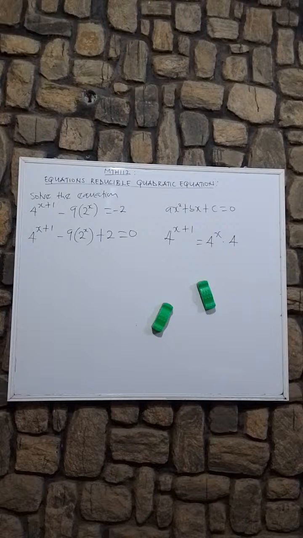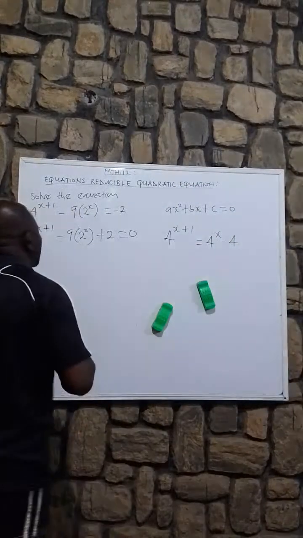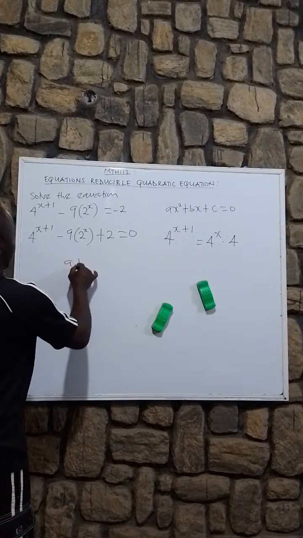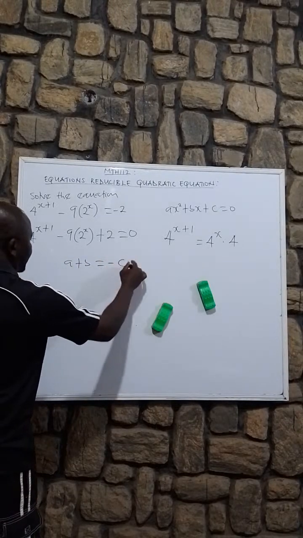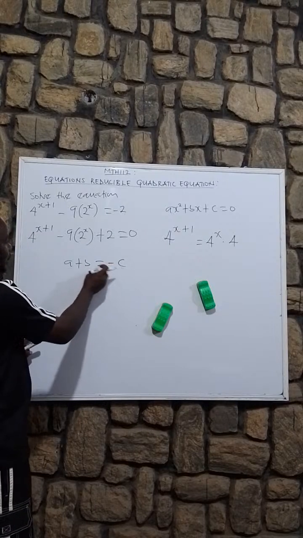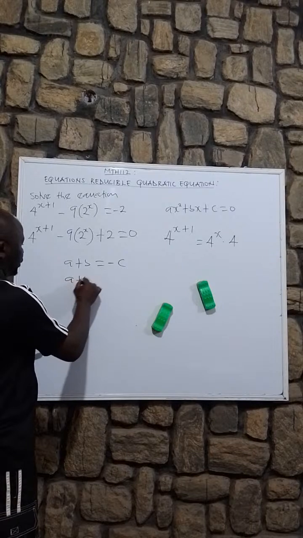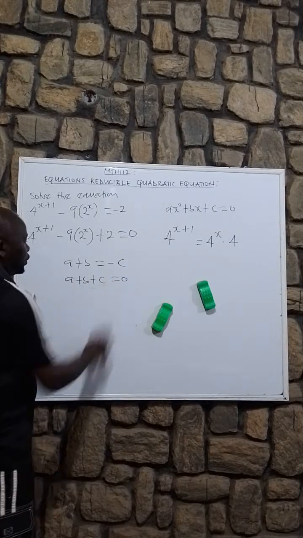Yeah, the plus. You know, if we have a plus b equals to minus c, if minus c crosses the sign of equality to the left hand side, you are going to have a plus b plus c equals to 0.